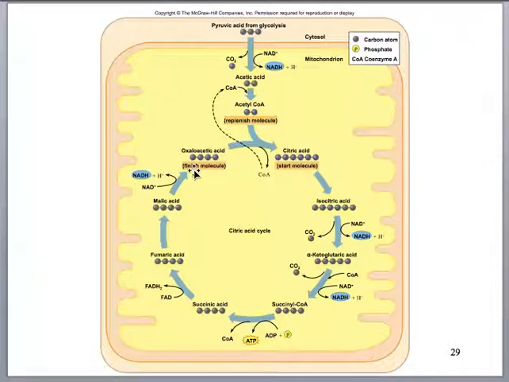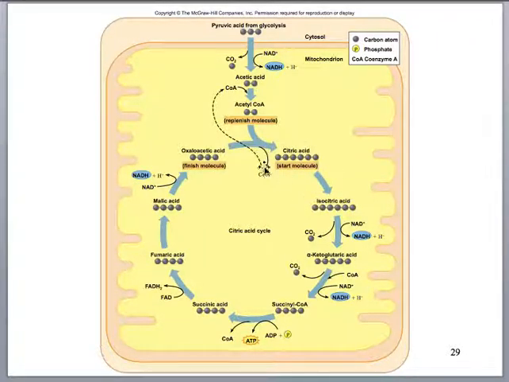You'll notice that oxaloacetic acid is a 4-carbon molecule: 1, 2, 3, 4. When it merges with that acetyl-CoA that we just created, we get our 6-carbon citric acid: 1, 2, 3, 4, 5, 6. 2 of those carbons are from the beginning glucose, okay?